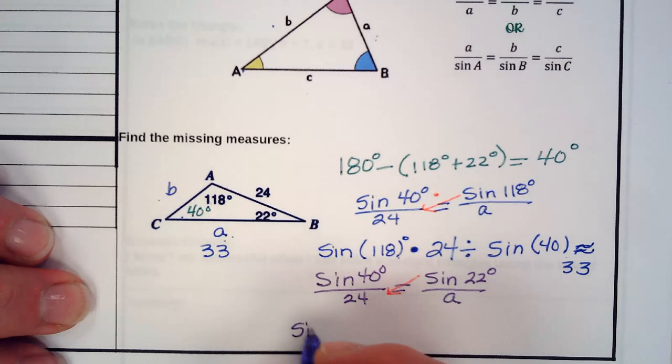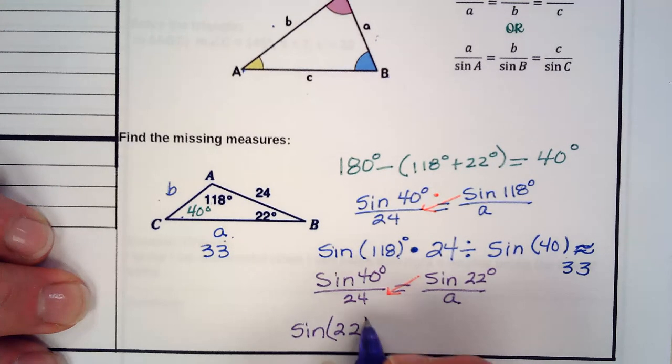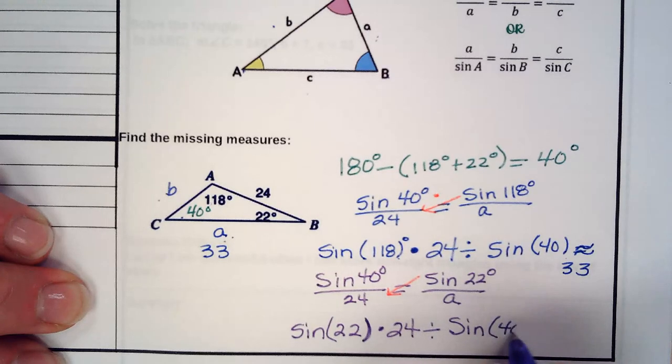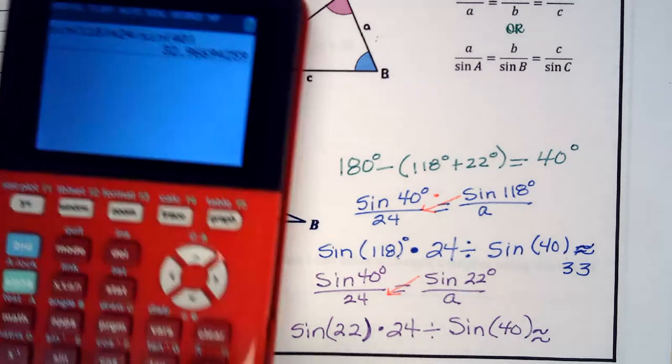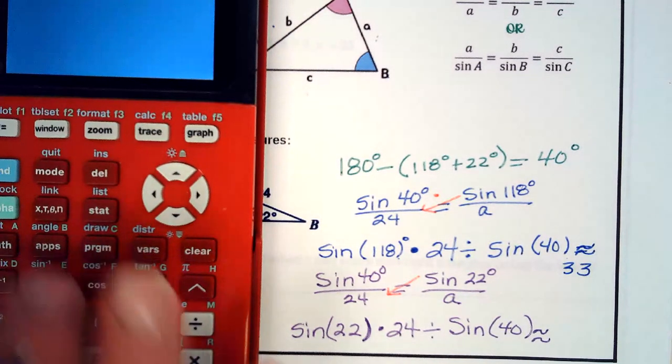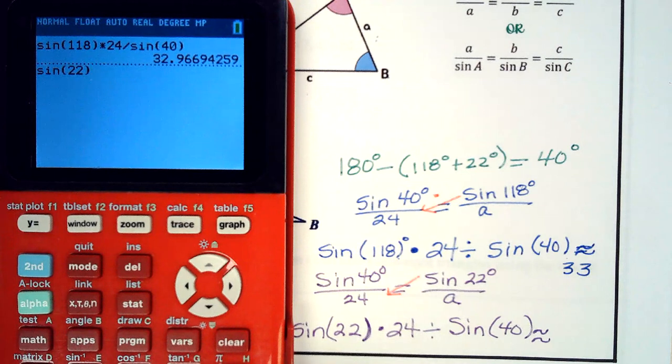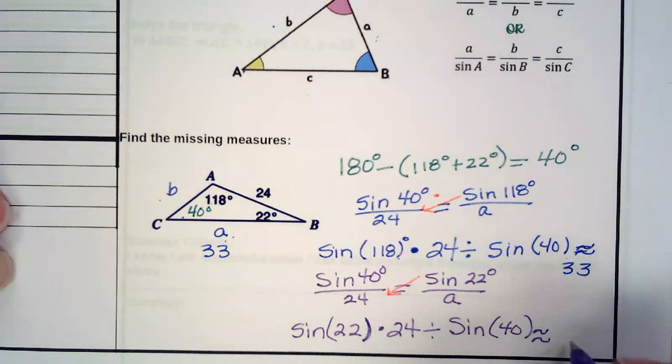The sine of 22 degrees, and that will be in parentheses. Remember this second parenthesis, times 24 divided by the sine of 40 degrees. Sine 22, close it off, times 24 divided by the sine of 40, close it off, and you end up with 13.98, which is approximately 14.